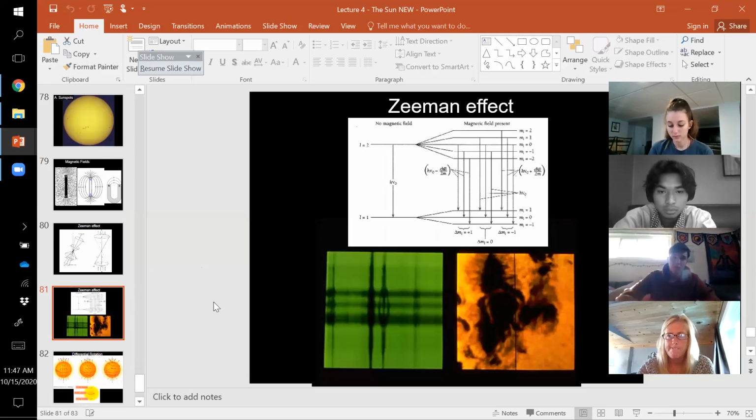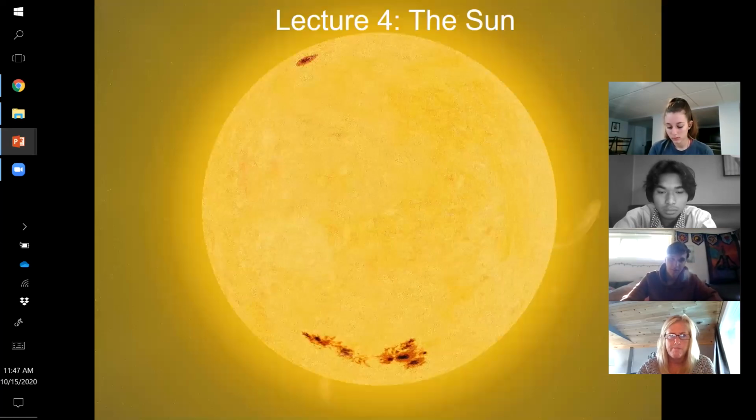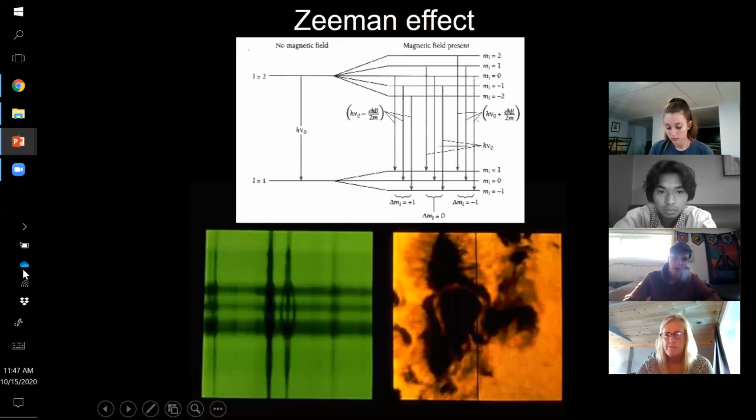Okay, here you can see the actual picture of the sun. And this little dark line that you see there, that is the slit of the spectrograph that we're using to analyze light from the sun. Normally, when the line covers a normal portion of the sun's photosphere, you see a single dark absorption line.